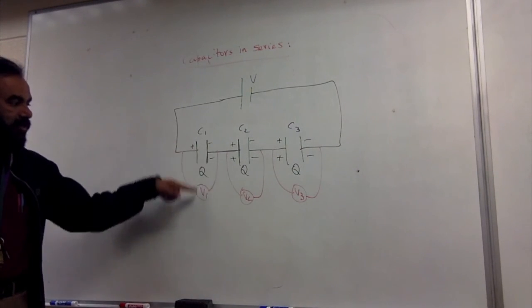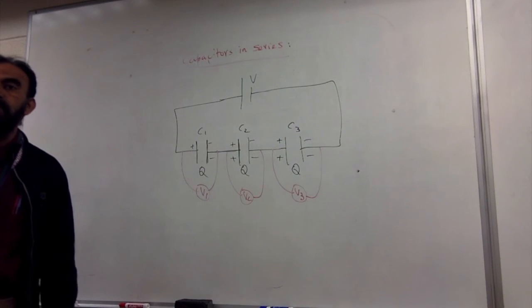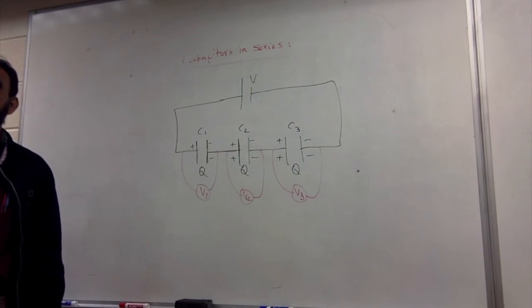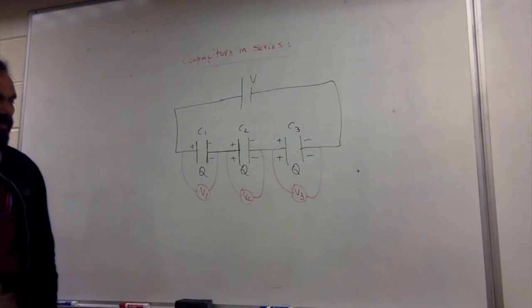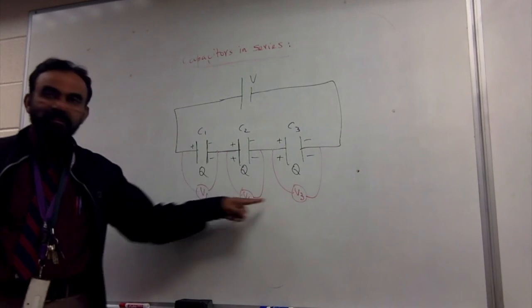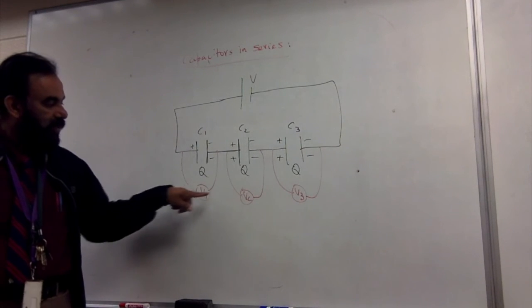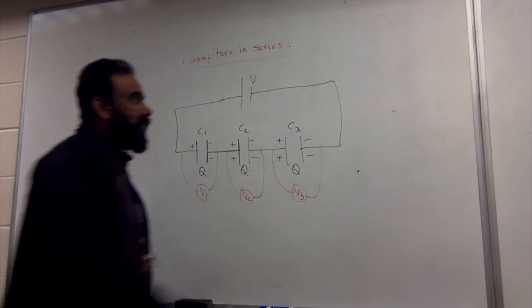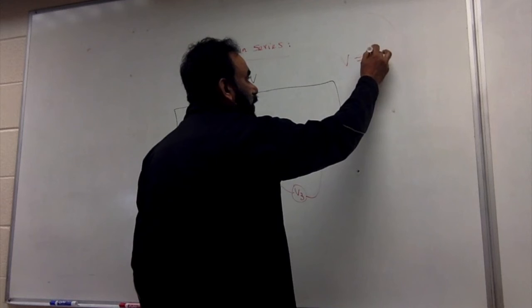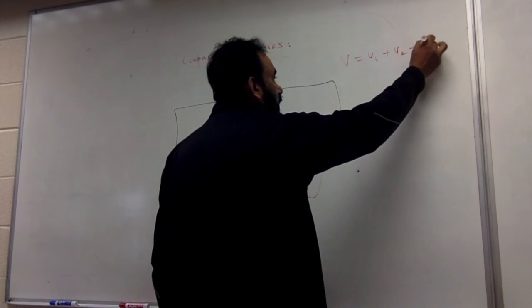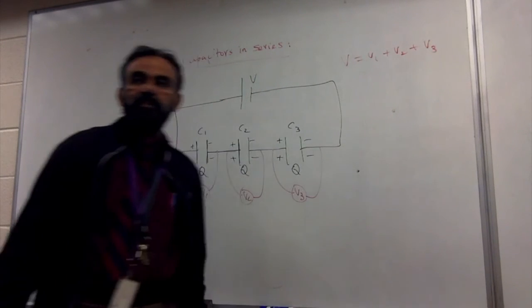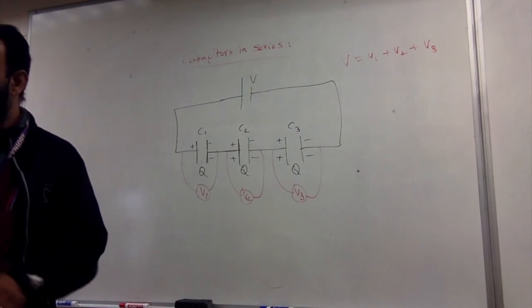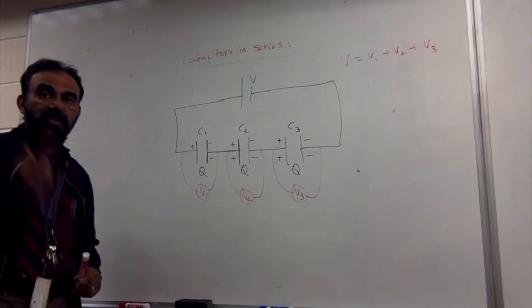What's the connection between Q, C, and V? Q is equal to CV, right? So looking at this, since the voltage is V1 here and V2 here and V3 here, but the total voltage is V, you can simply write down V is equal to V1 plus V2 plus V3. That is definitely sure. Is that clear?